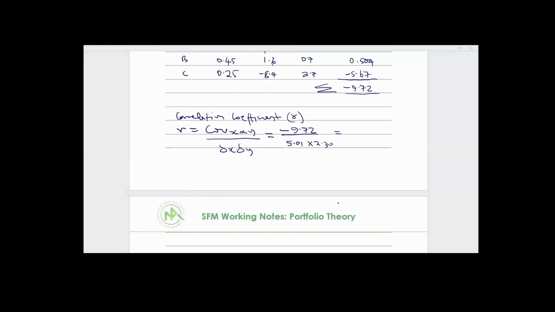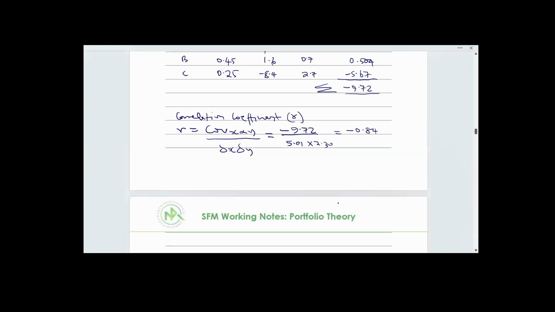So bring out your calculator. I have 5.01 multiplied by 2.3 equal to 11.523. Therefore, minus 9.72 divided by 11.523 equals minus 0.84.